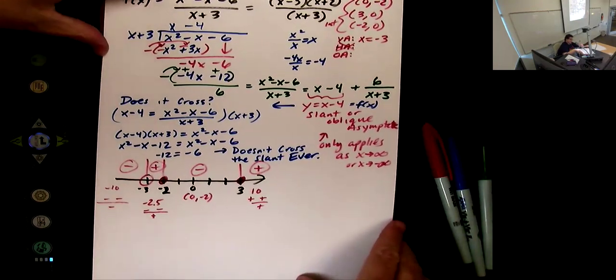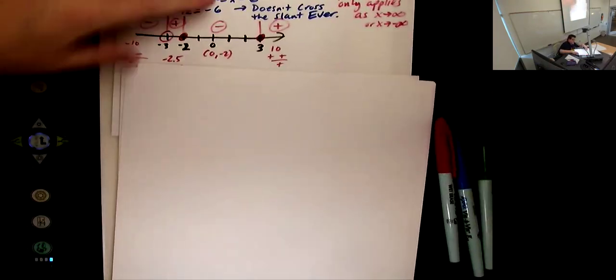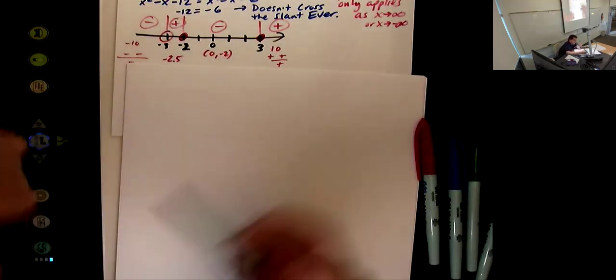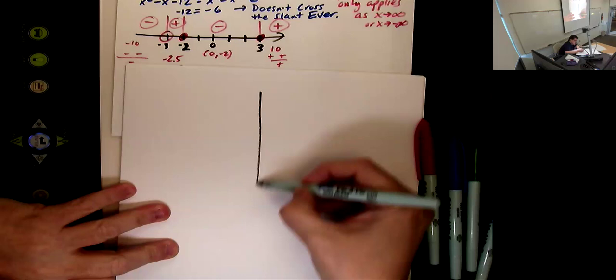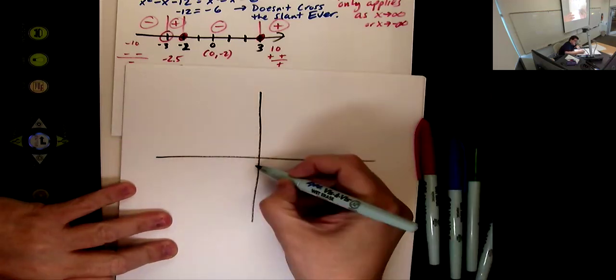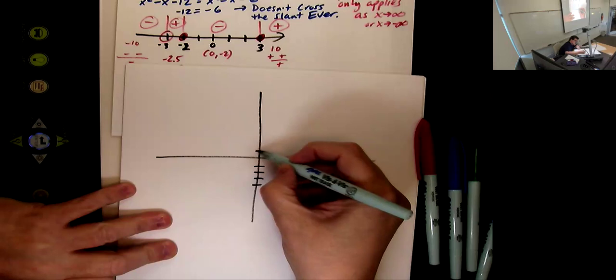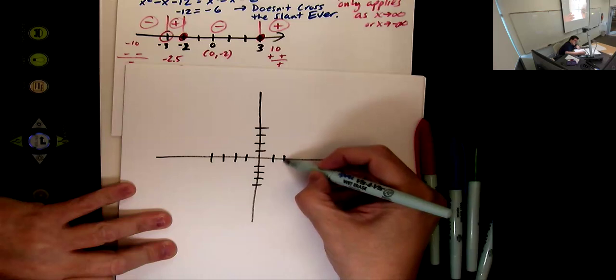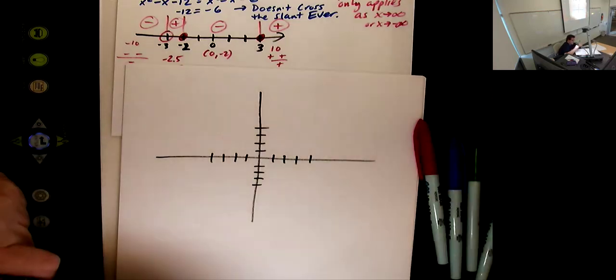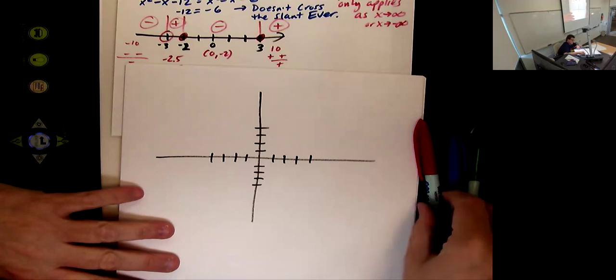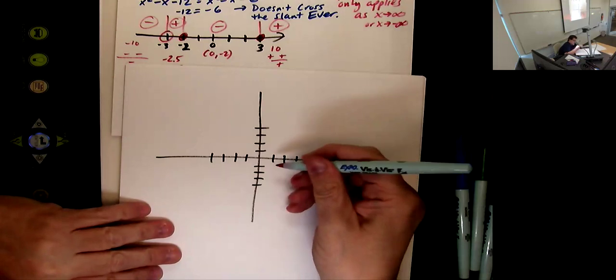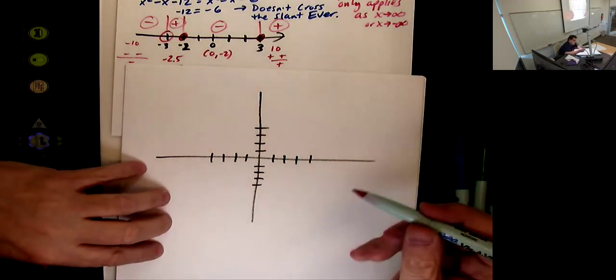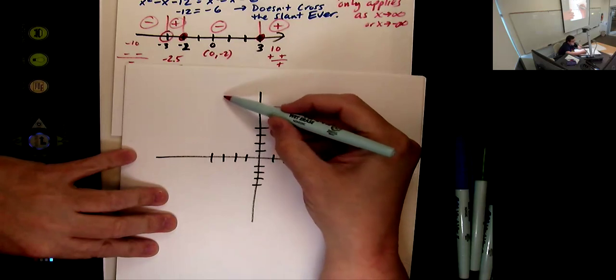All right, let's put this together on a graph. We have a vertical asymptote at x equals -3.